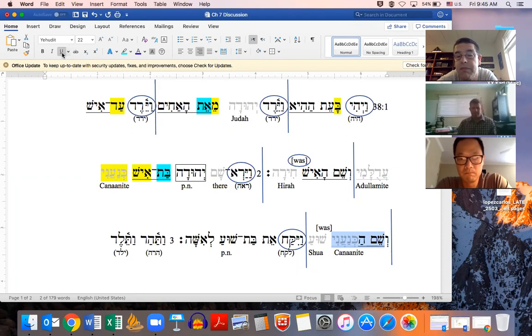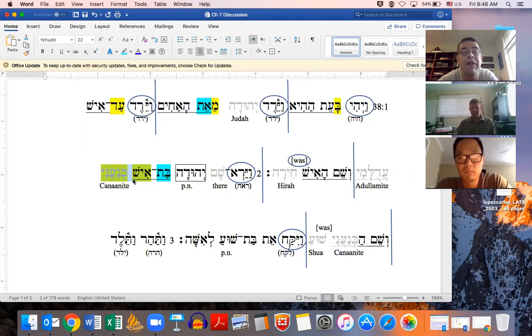The only place where I can put the verb is between the unit and the name. So that helps. If you have a sentence that's more complex, instead of a construct chain, I may have to take the time to differentiate, like right here at the end of the second line, Ish Kana'ani.